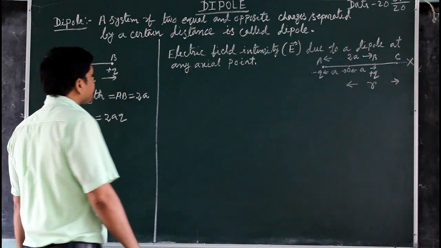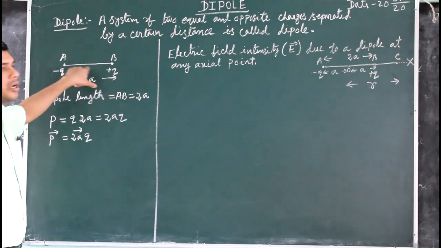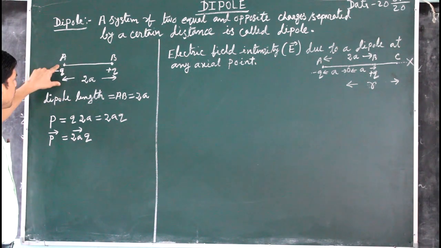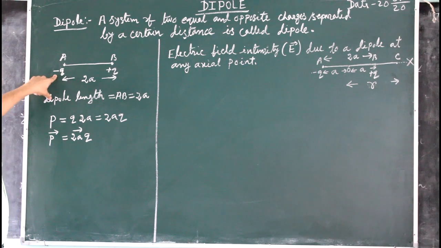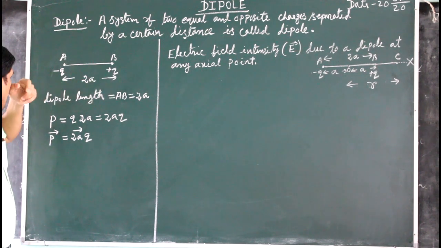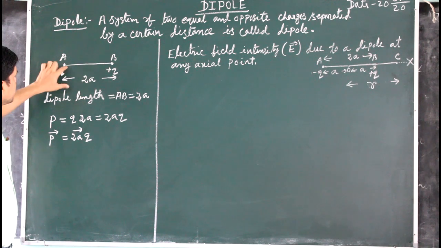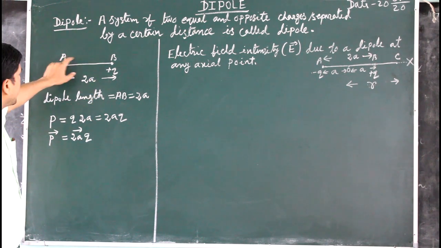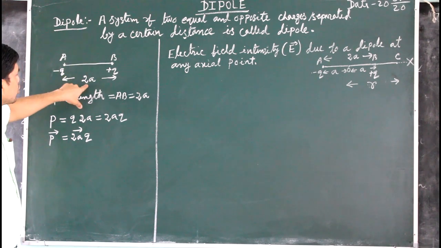Here we have drawn a dipole. At point A we have considered a point charge minus q, and at point B another point charge plus q, and the distance of separation between these two point charges is AB, which is equal to 2a.